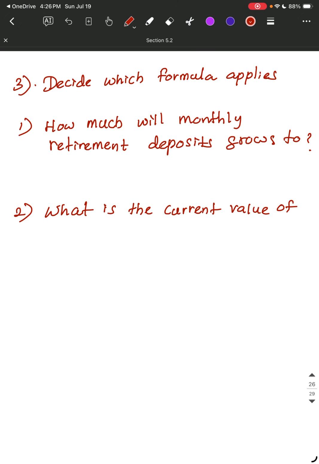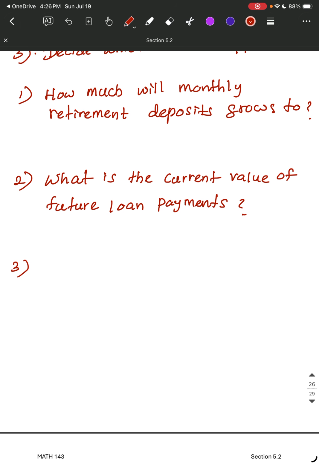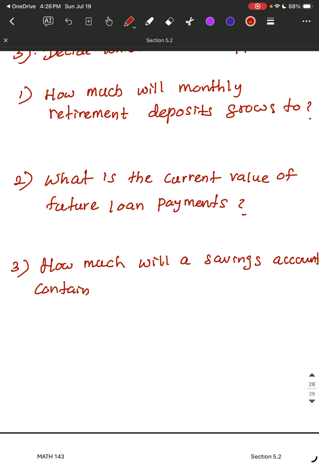Third, how much will a savings account contain after regular deposits? Lastly, what is the cash price equivalent to an installment plan?